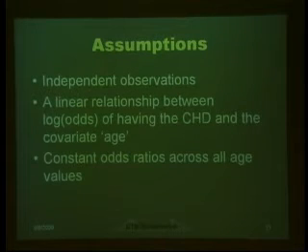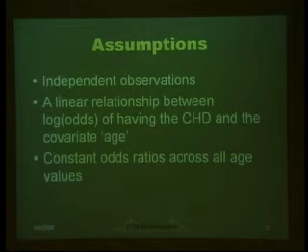So we made some assumptions in order to make that model there. Usually for the logistic regression, we need to assume independent observations. Okay, basically you get the sample, and each subject in your sample is unrelated to the others. And then another assumption we made is a linear relationship between the log odds of having this disease and the covariate age, right? So we assume, okay, e to the beta is the odds ratio of age plus 1 versus the age group, for any value of age.